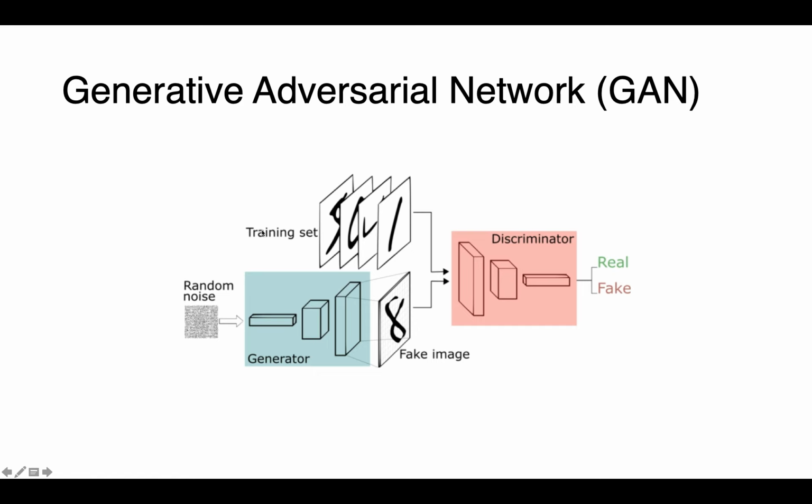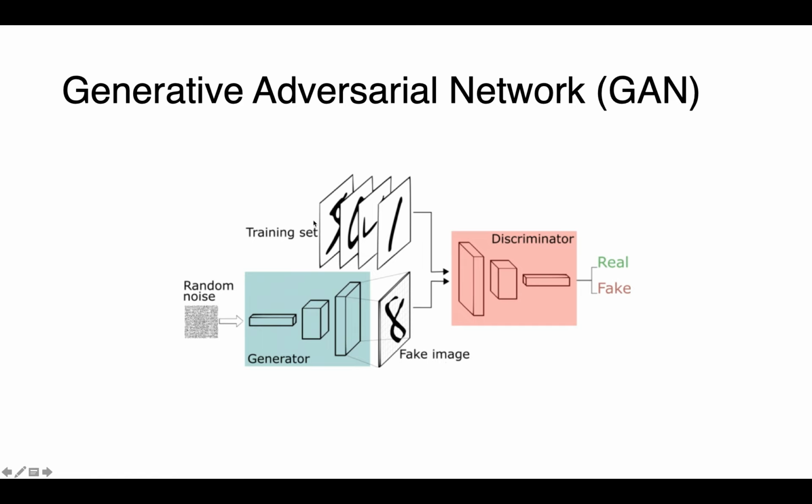It uses two neural networks to fight against each other. One is a generator. This generator can create patterns from noise, and the discriminator can detect whether it is real data or fake data.